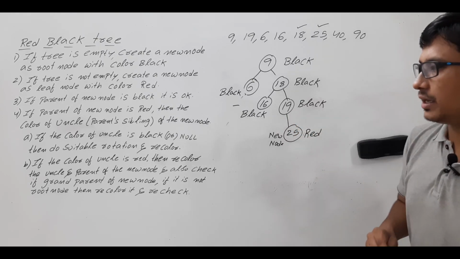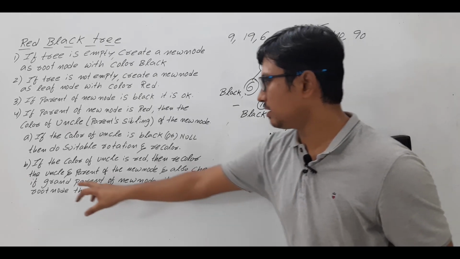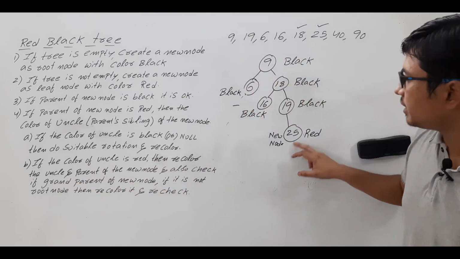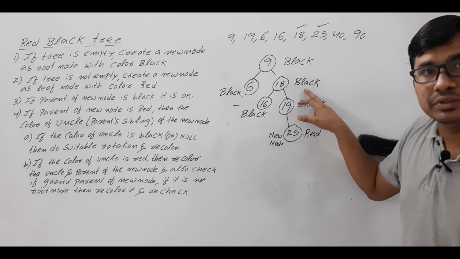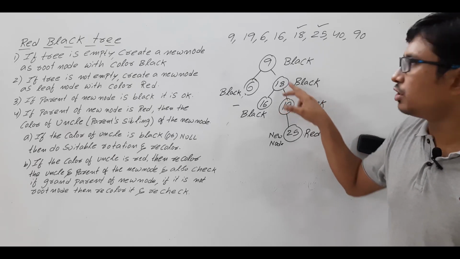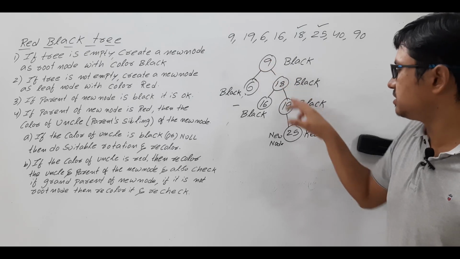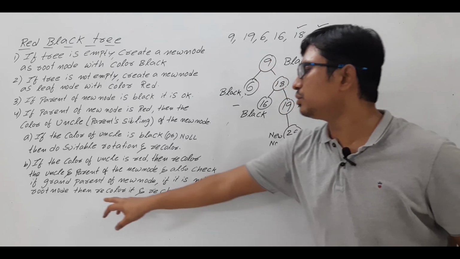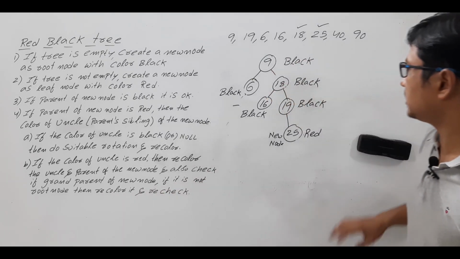Now this is okay. Now also check the grandparent of the new node. This is the new node, the grandparent is this one. You need to check whether it is a root node or not. It is not a root node because the root node is 9, but this is the grandparent, so it is not a root node. If it is not a root node, then recolor it and check it.